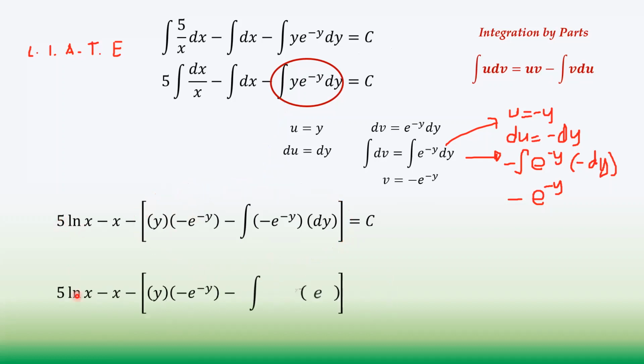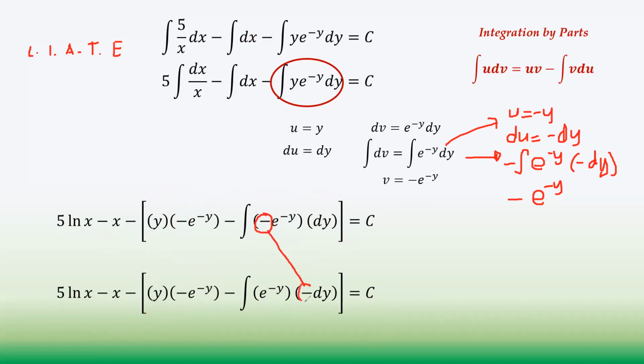We have 5 ln x minus the quantity y e raised to negative y minus integral. O ba nag-positive ito? Itong negative na to, nilipat ko lang. Equal naman yun. Yung negative 1 na yan, negative sign, nilipat ko kay dy.